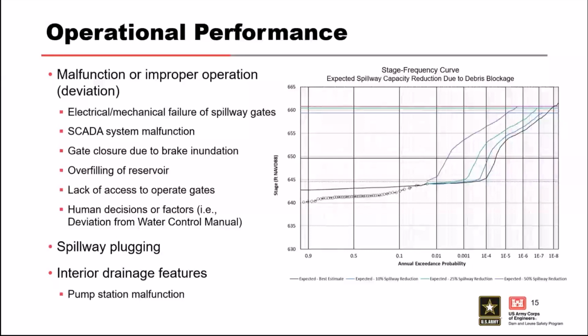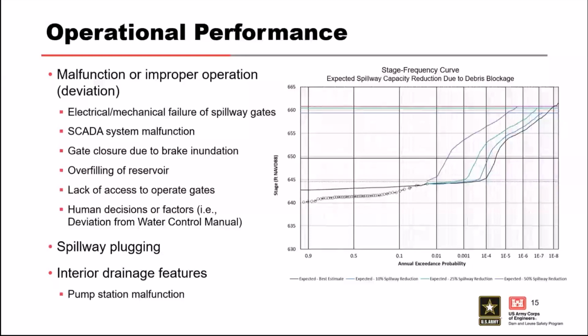The resulting impact on the hazard is captured in the figure on the right. So these are stage frequency curves for a dam with differing amounts of spillway capacity reduction due to debris blockage. The more debris blockage and capacity reduction, the higher the peak stage for a given annual exceedance probability.